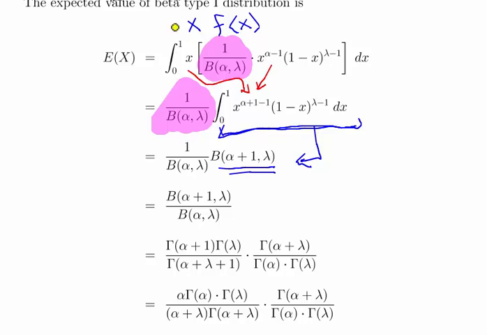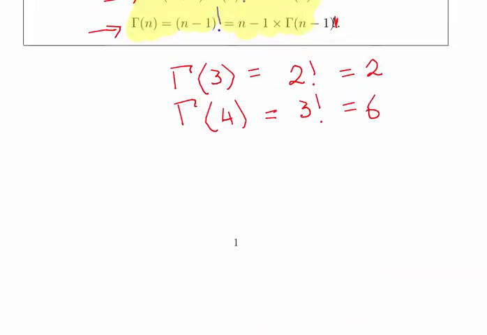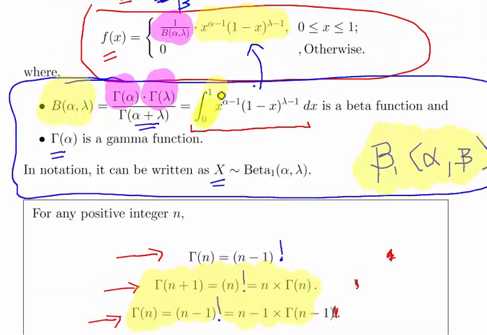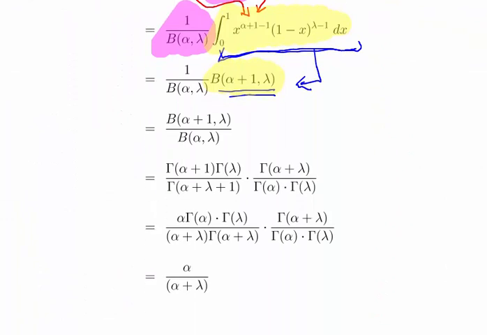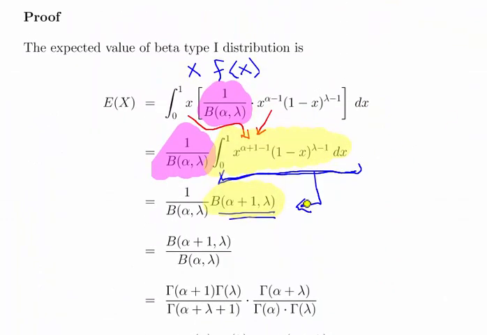That's the key thing there. Just going back to that definition, I'll go back up to it, this one here. Perfect, that's all we need. That should be at the back of your exam paper. Now, this actually breaks down very quickly. What we end up with is the beta function of alpha plus 1, lambda divided by the beta function of alpha, lambda.